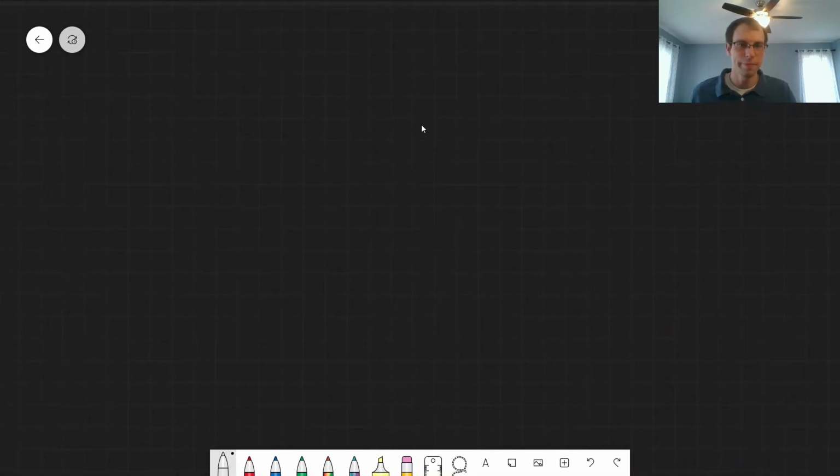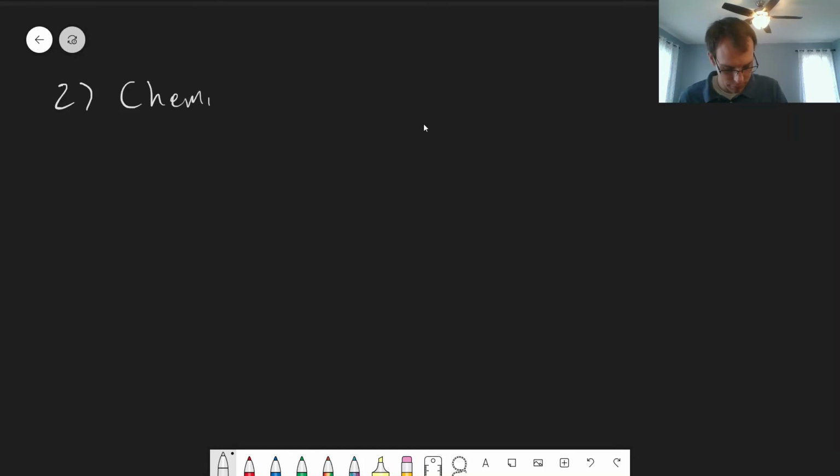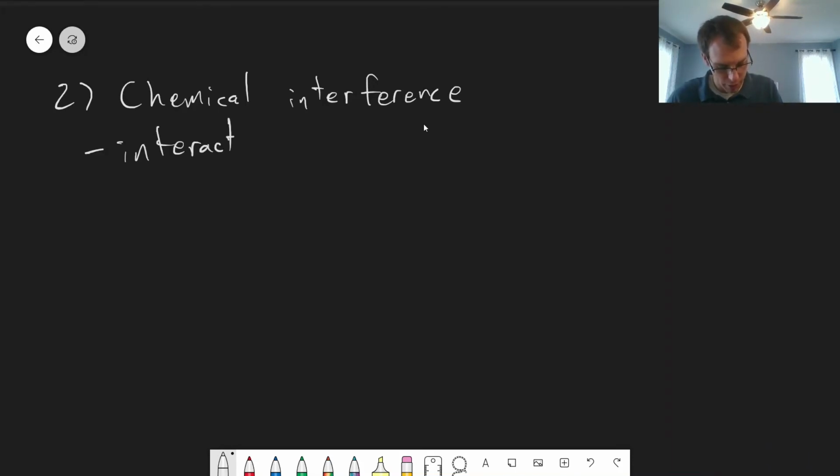Interference number two is chemical interference. And this is some sort of interaction of your sample and analyte that prevents atomization.